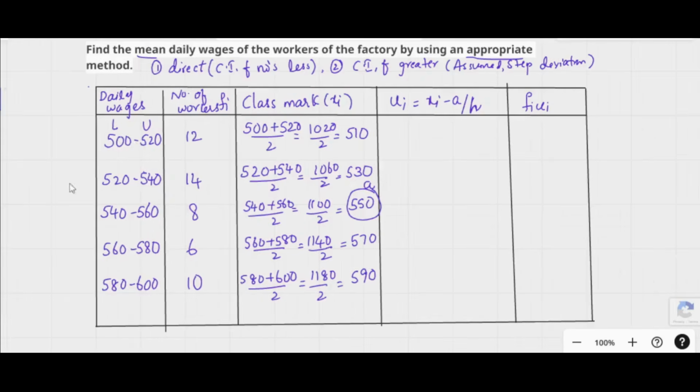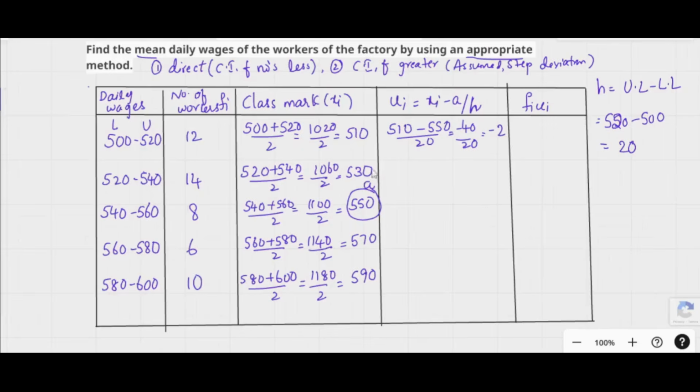Here I am writing: h is equal to upper limit minus lower limit, that is 520 minus 500, which equals 20. So xi is 510, minus 550, divided by 20. 40 by 20 equals minus 2.